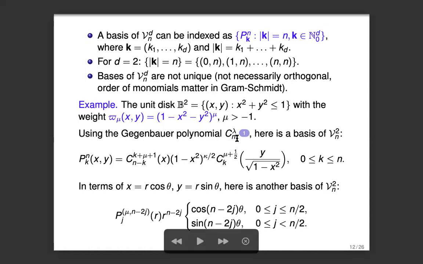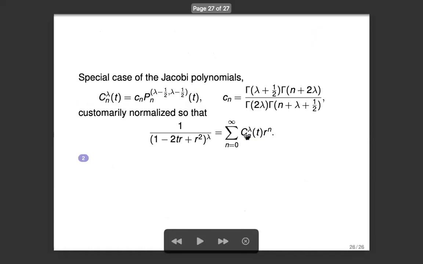So what is Gegenbauer? Well, Gegenbauer is a special case of Jacobi polynomials. It simply means C_n^lambda equals a constant times P_n^(lambda minus half, lambda minus half)(t). The constant looks ugly, but this is basically a normalization. Well, it started as this: 1 minus 2tr plus r squared to the power of minus lambda, written as an infinite sum.